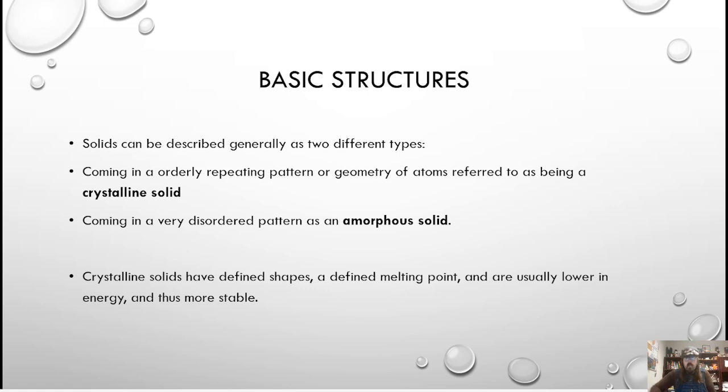If you just throw things in a pile, they don't fit together nearly as nicely, and so it takes up a lot more space. So crystalline solids have defined shapes, a very well-defined melting point, and they're usually lower in energy, so they're more stable. We will focus mostly on crystalline solids because it's really hard to talk about amorphous solids.